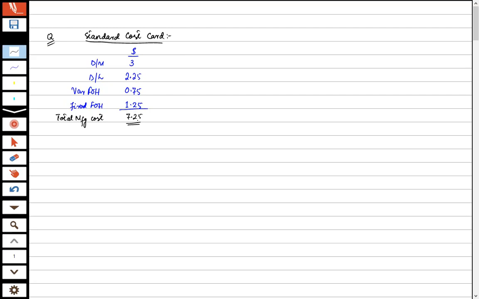Further in this question we have been given more data. The normal capacity of this producing unit is 240,000 units per year.